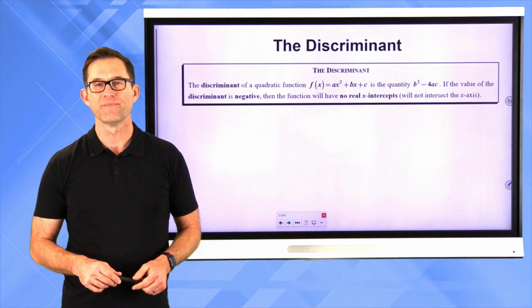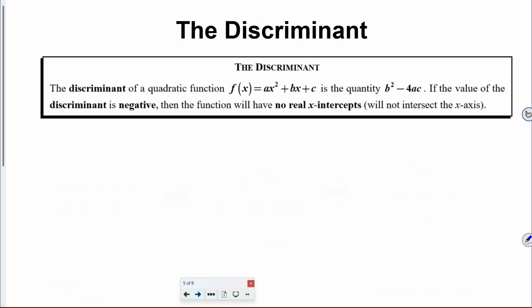Let's take a look at this. The discriminant of a quadratic function f of x equals ax squared plus bx plus c is the quantity b squared minus 4ac. If the value of the discriminant is negative, then the function will have no real x-intercepts, i.e. it will not intersect the x-axis.